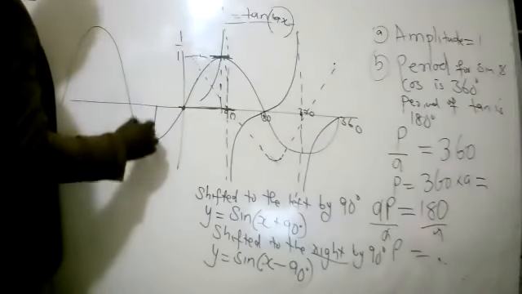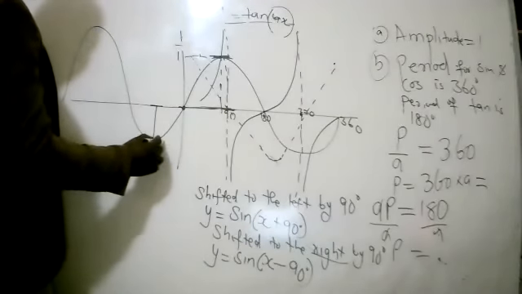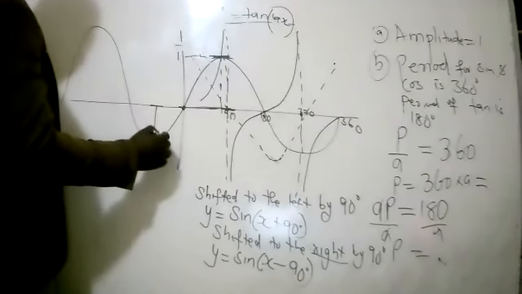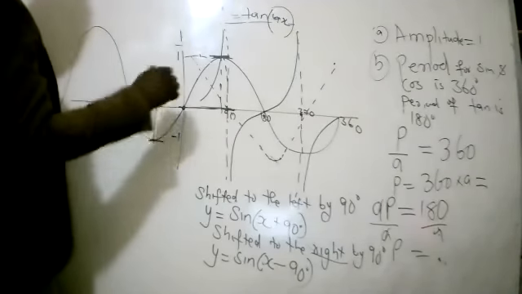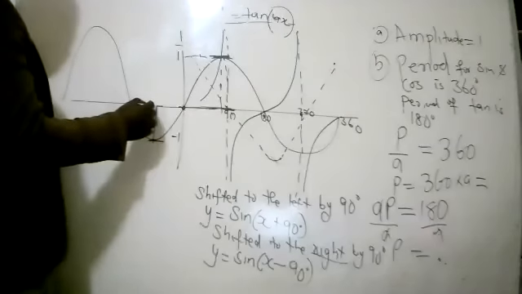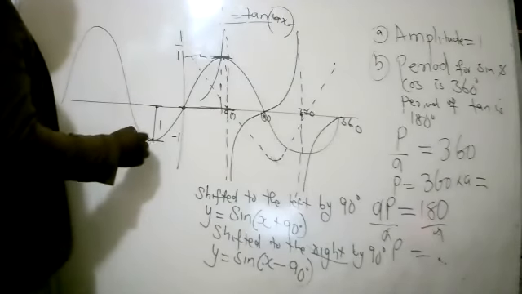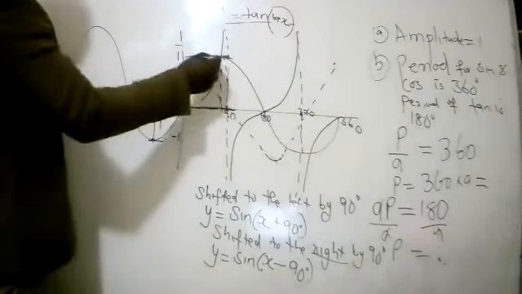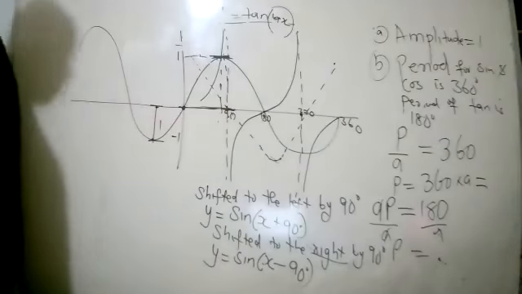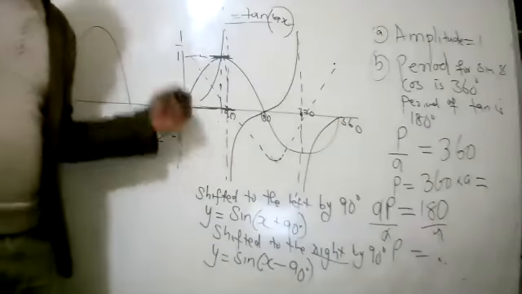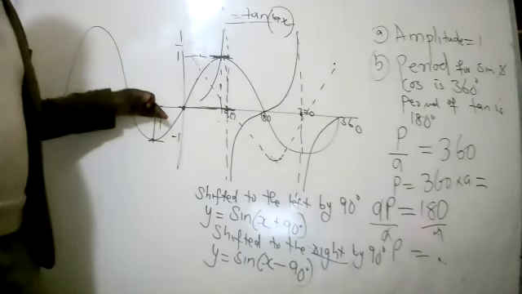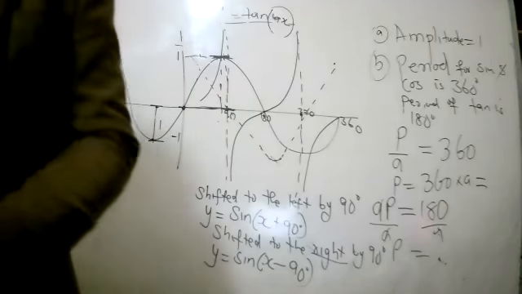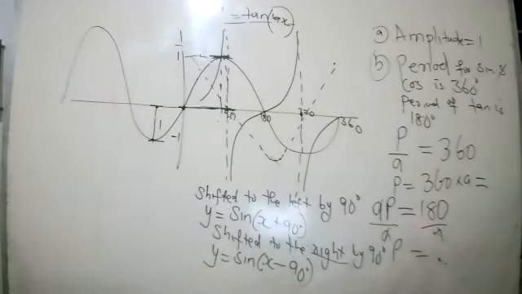For example, here, when we measure this distance to the turning point, you will see we're having a negative value there. But the amplitude, it must be positive of that value. So the amplitude, it would be 1 in that case, of which you can read when you are given the graph. So you can read the amplitude if you are not given the function. You can read it from the graph. Is that clear?